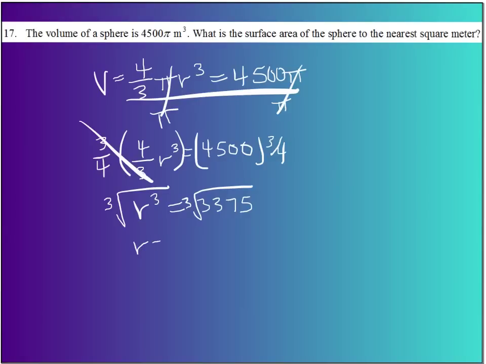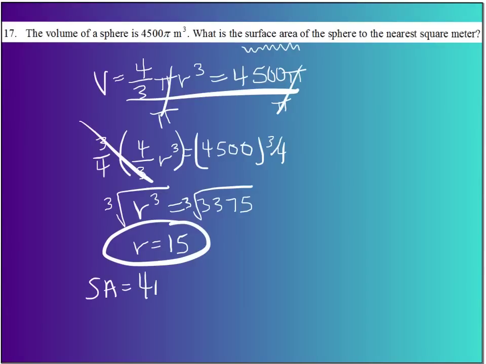So we just solved for our radius, which is a great first step, but it's not what it asked for. It asked us for surface area of the sphere. So now we just have to plug this back in. Surface area equals 4 pi r squared. So if my radius is 15, 15 squared times 4 pi gives me 900 pi.